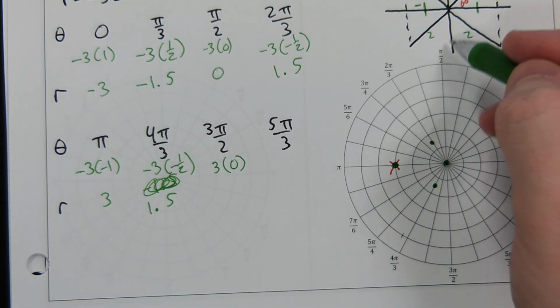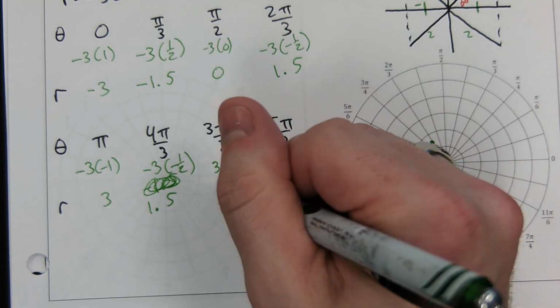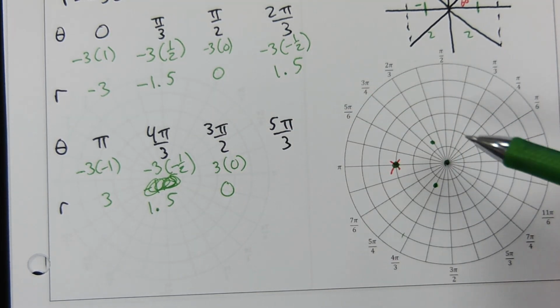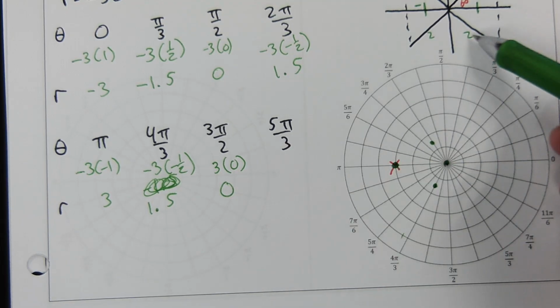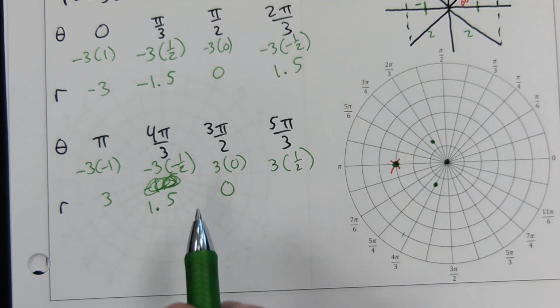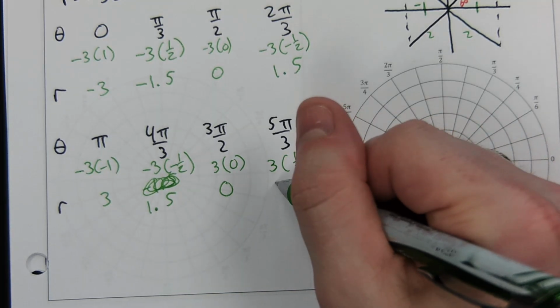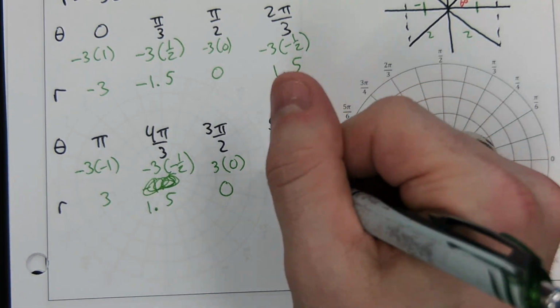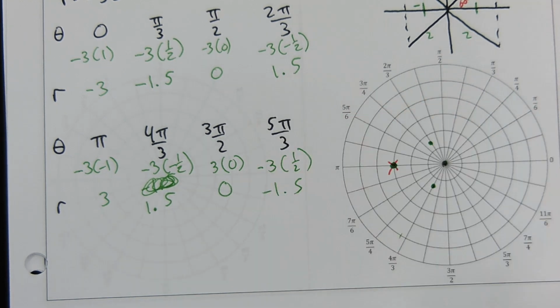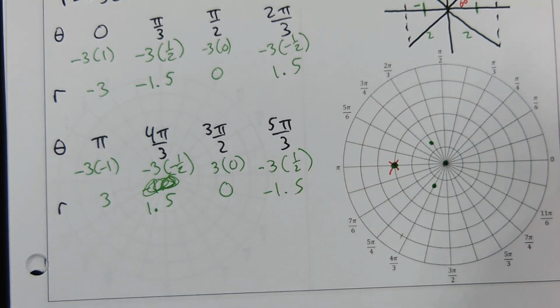What is it doing here? Yeah, there's no x value. Okay, so we're good. And that puts us 3 pi over 2 comma 0 is right there. And then lastly, 5 pi over 3 is right here. This is going to be the 1/2 again. So I have 3 times 1/2. It's the reflection of... What is happening right now? There. It's this one right here.